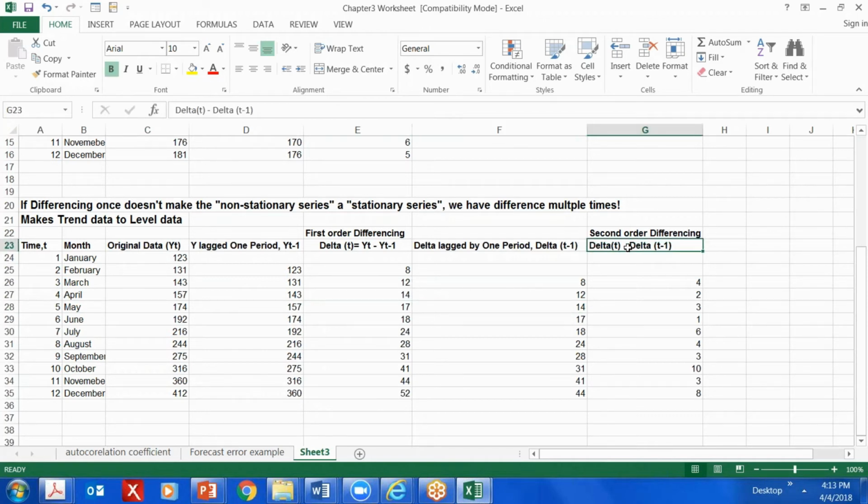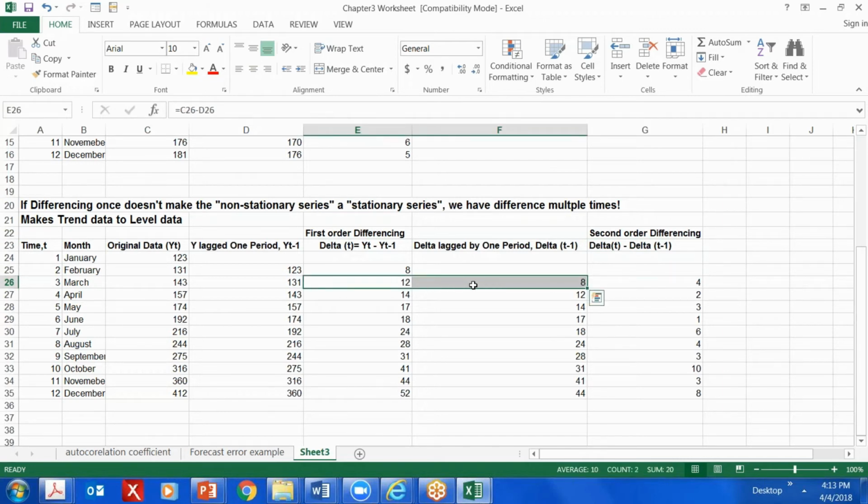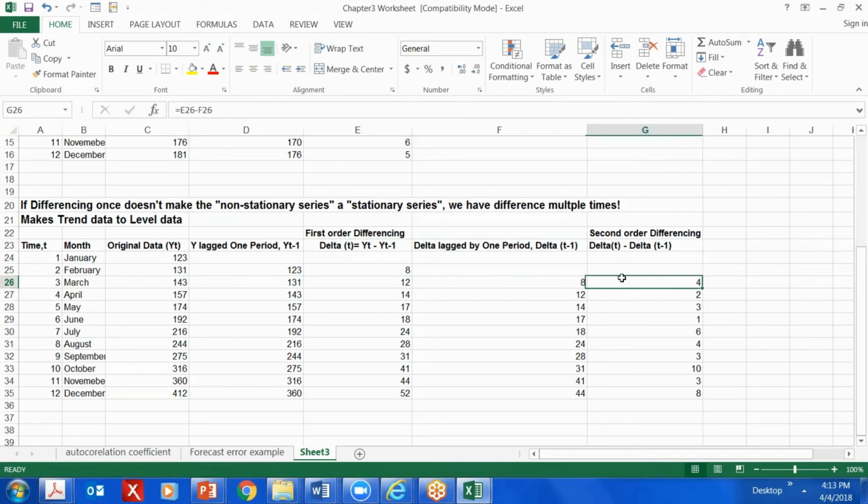So the second order differencing is now the difference of delta T and delta T minus 1. In other words, it is a difference of these two numbers now: 12 minus 8 yields a value of 4, 14 minus 12 gives a value of 2, 17 minus 14 a value of 3, so on and so forth.